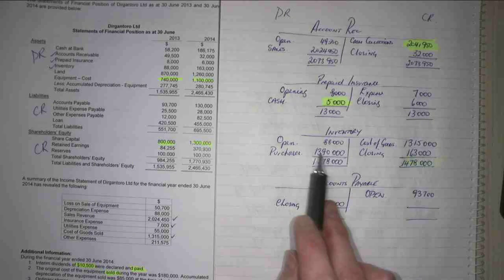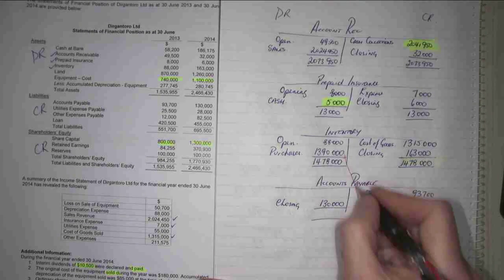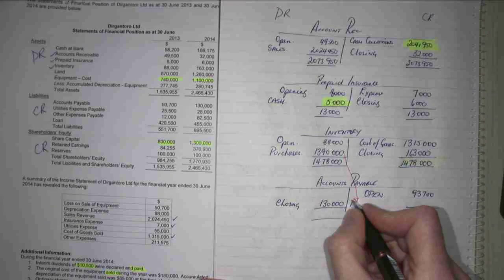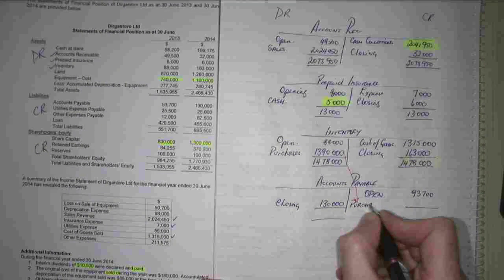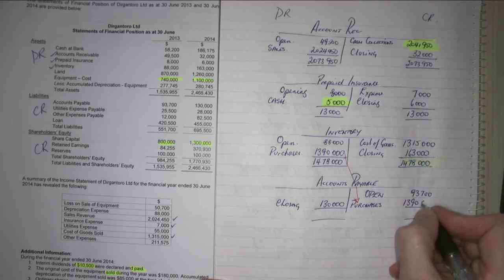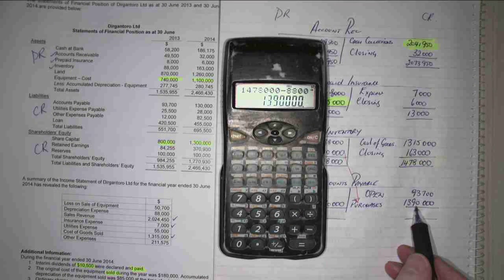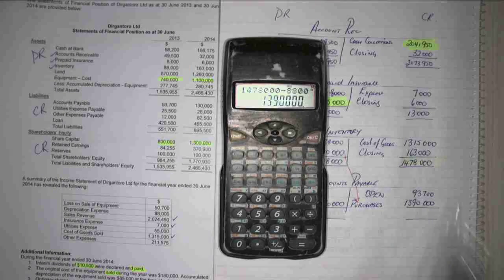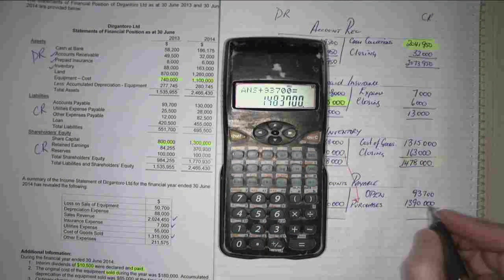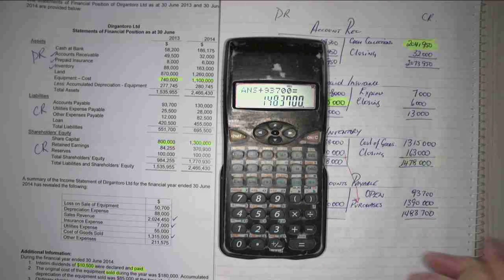What will increase my accounts payable is my purchases. So I take my purchases figure and transfer it down to here: purchases of 1390,000. I've got that figure already in my calculator from back here, so plus 93,700 is 148,300.